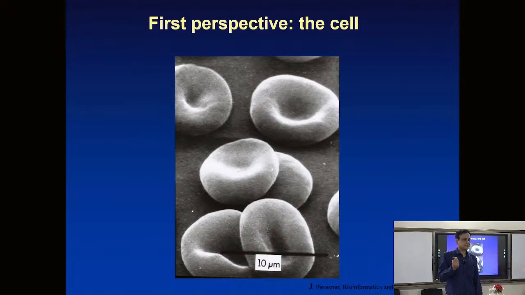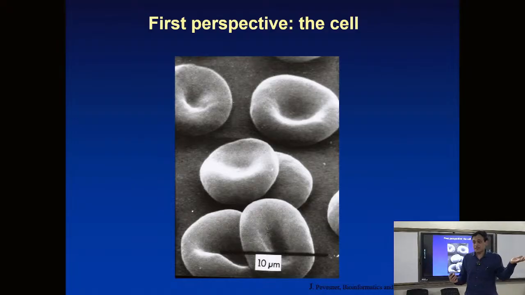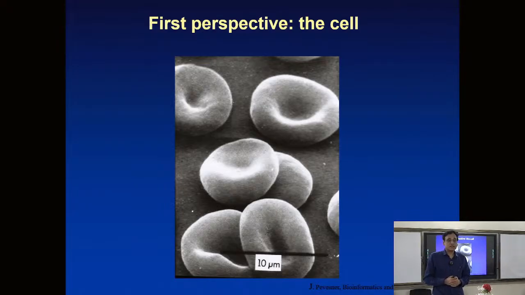So what is a cell? You might have heard about a cell. In biology, what is a cell? Somebody said unit of life. So, the fundamental unit of life. An organism can have just a single cell and still be an organism, which is why it is called the fundamental unit of life.